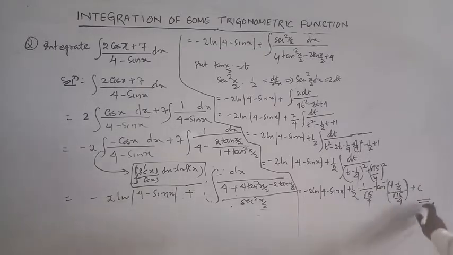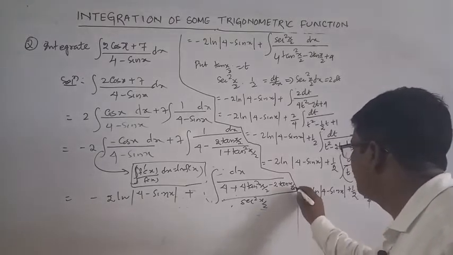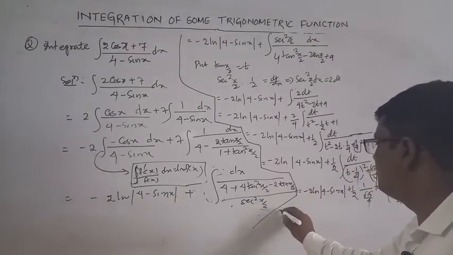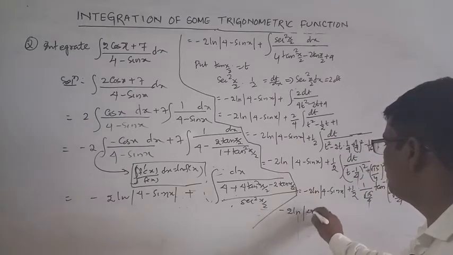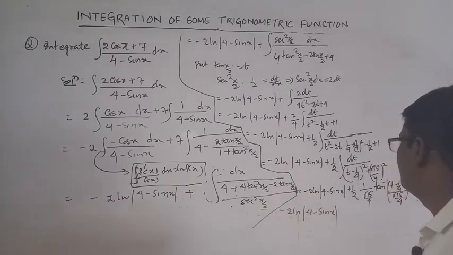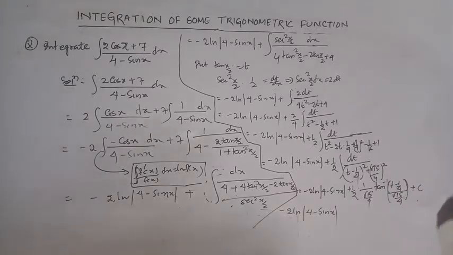Now this is equal to minus 2 ln 4 minus sin x, and 1 by 2 here, so the 2 cancels and we get 2 by root 15 into tan inverse 4t minus 1 by root 15 plus c.